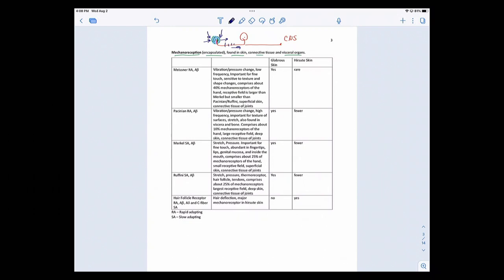So that's what we mean by encapsulated. It literally has layers of connective tissue around it, and it is responding to mechanical manipulation.